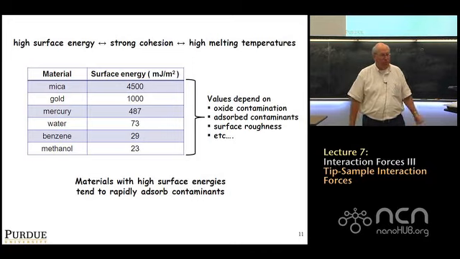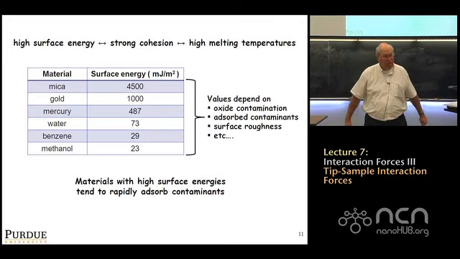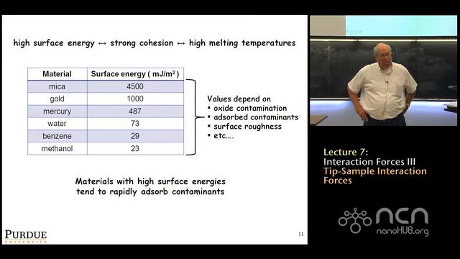There's a question. How is the surface energy of a solid measured? Well, the surface energy of a solid tends to be measured by putting a drop of a liquid with known surface energy onto the solid surface, and then you measure, let's say, a contact angle that the drop makes with respect to the solid surface.